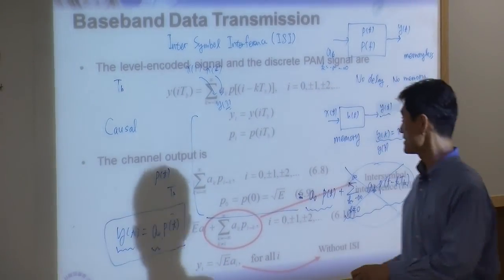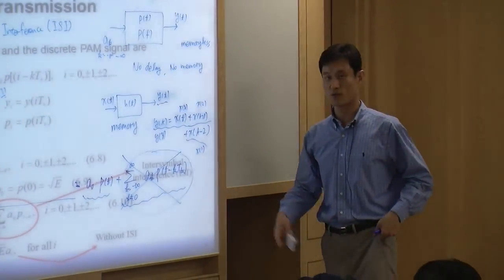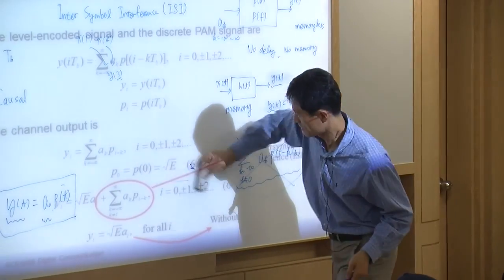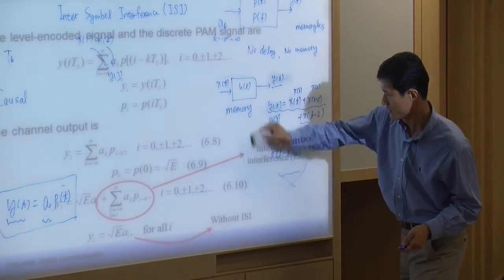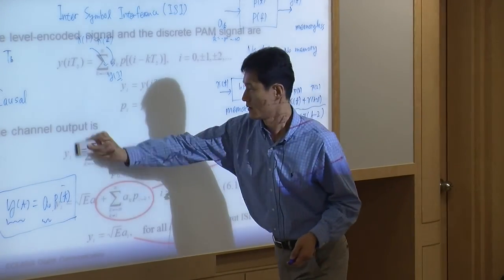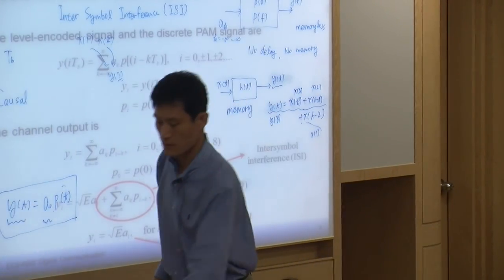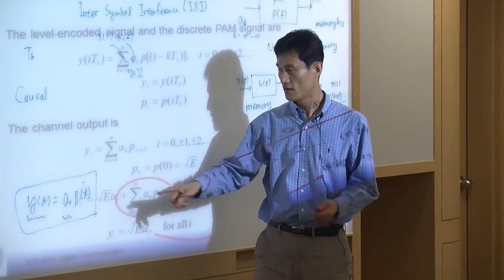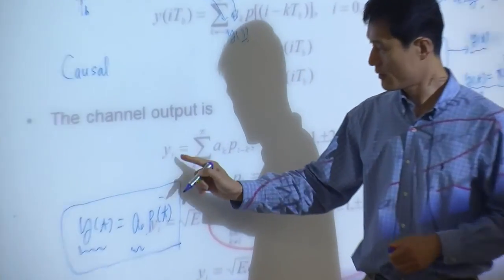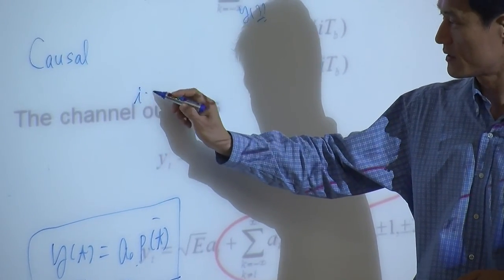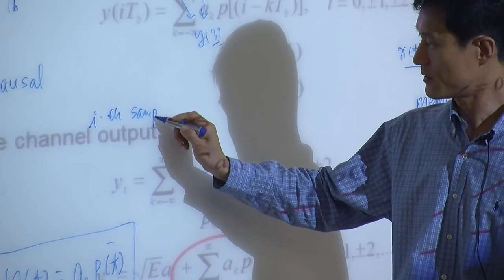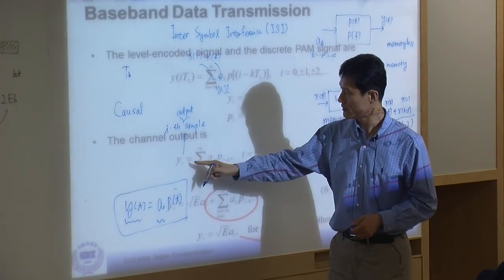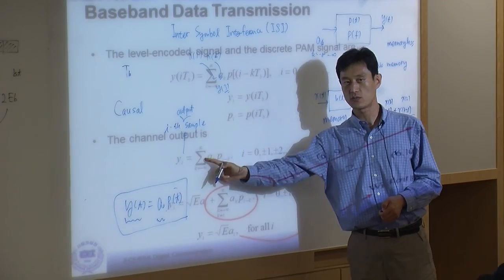This next slide has a bunch of equations, but these equations are all what I just mentioned. Here, this i is the sample index. So y_i is the ith output sample, and it equals this one, which is simply a convolution.